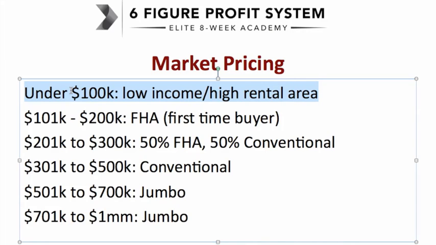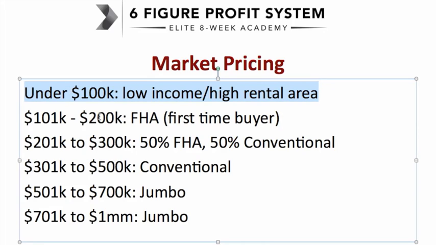And why? Because a lot of buy and hold investors like that low income because it's high cash flow, right? There's high demand for rentals and your acquisition is low, so you create positive cash flow. So you see a lot of buy and holds in that under 100,000. Then as you go up, the buy and holds trickle off because you make less money the higher the values of the properties, typically.